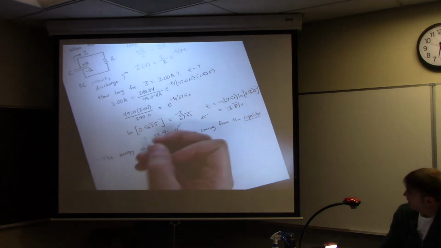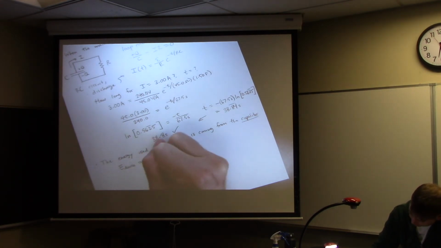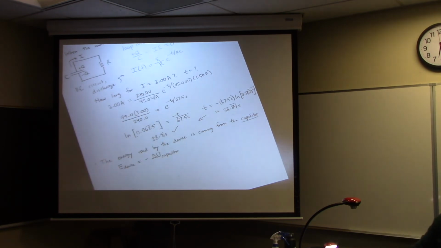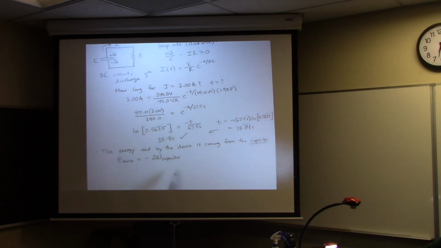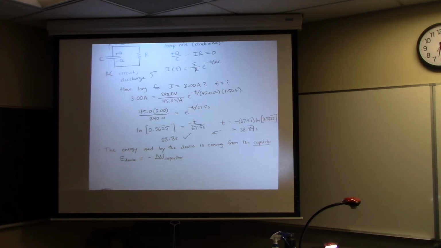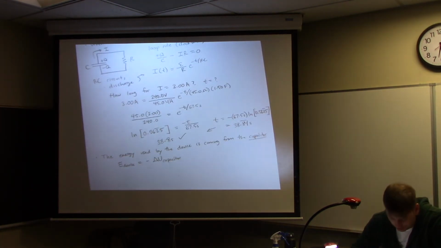And we can write that as an equation. The energy used by the device is equal to minus delta U capacitor. The negative sign just means as the capacitor loses energy, the device is using the energy. Okay, so that's what the negative sign is for.